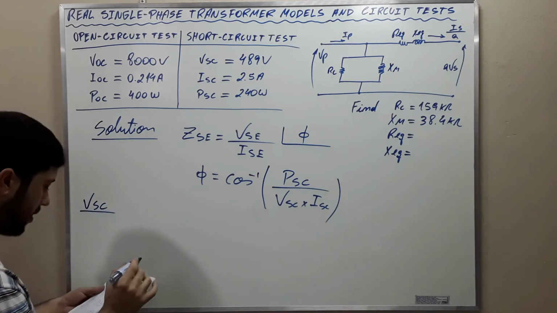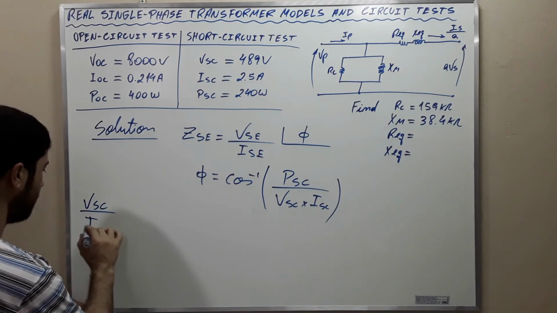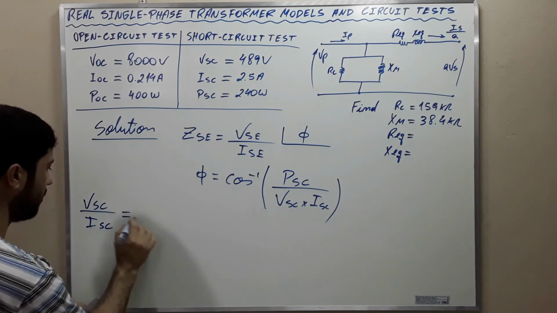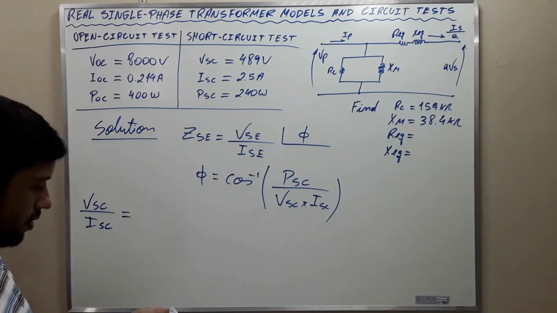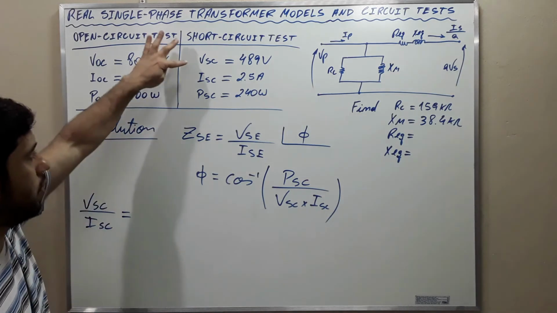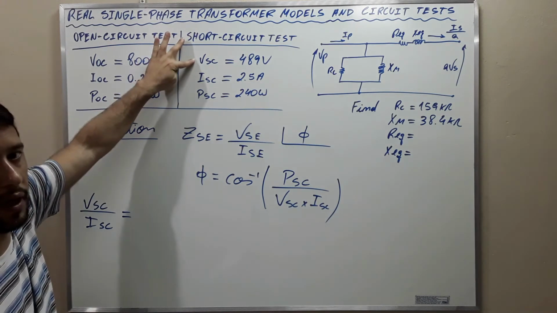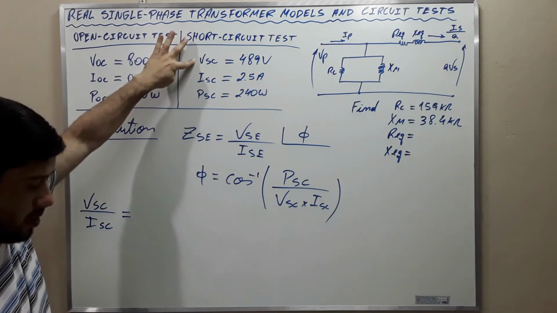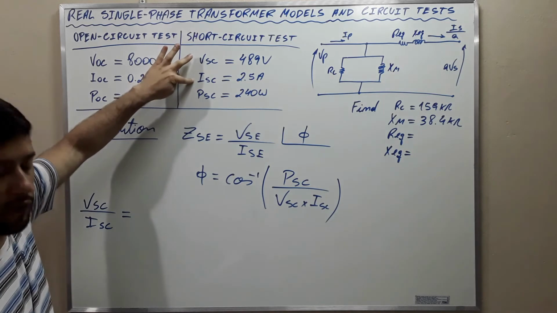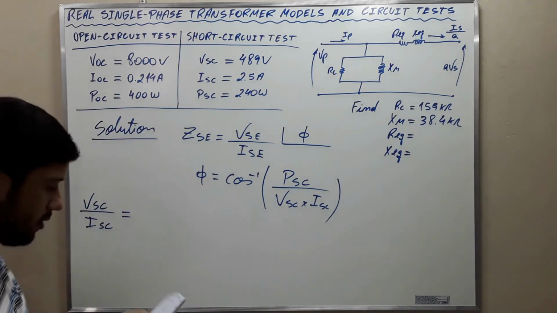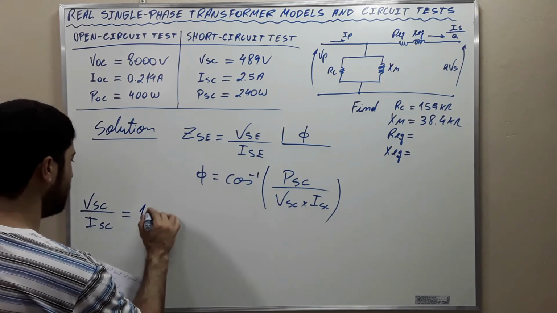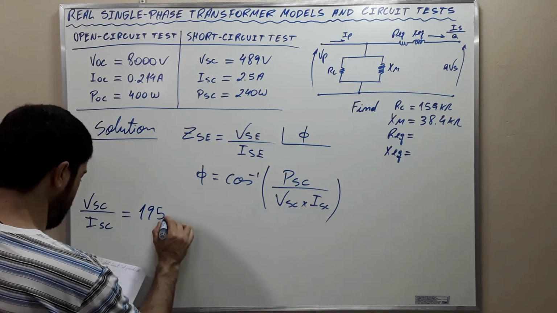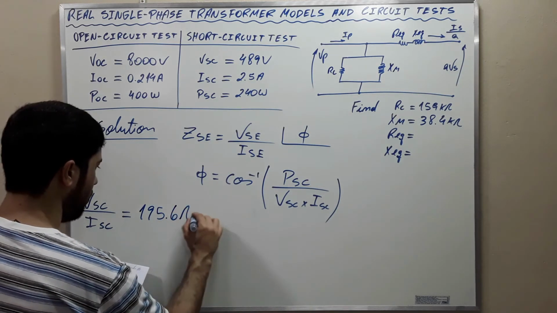VSC divided by ISC is going to be equal to the division between 489 volts and 2.5 amperes. And then we find 195.6 ohms.